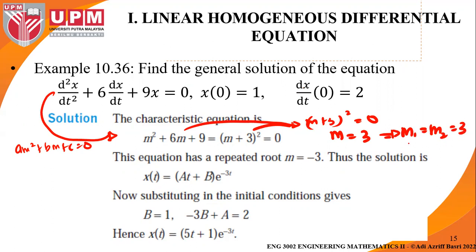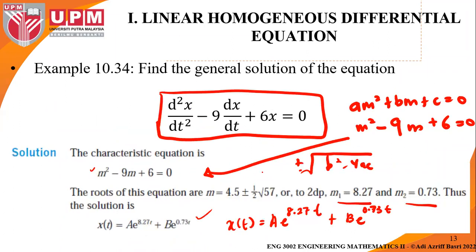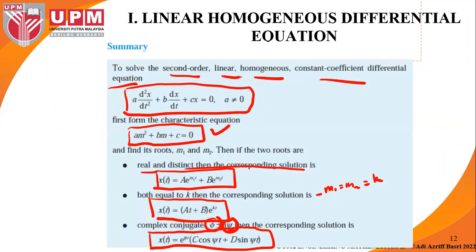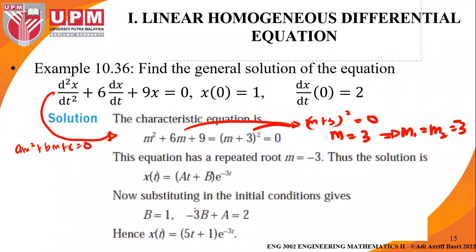So we can use k as a constant, negative 3. Therefore, we need to use this method, because the roots are the same. So we use x(t) equal to a t plus b. So you get x(t) equal to, in bracket, a t plus b, exponent negative 3t, because m1 equal m2 equal to k.